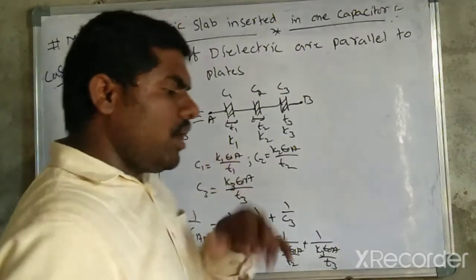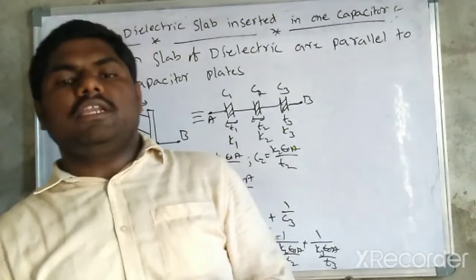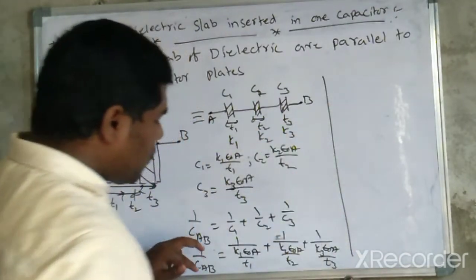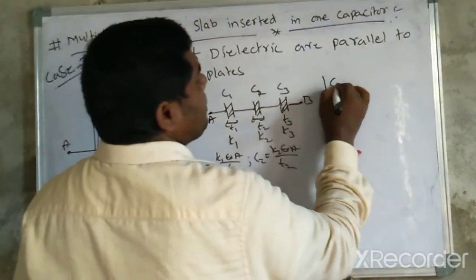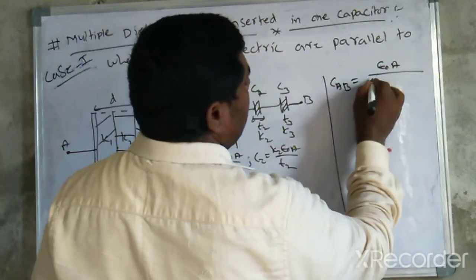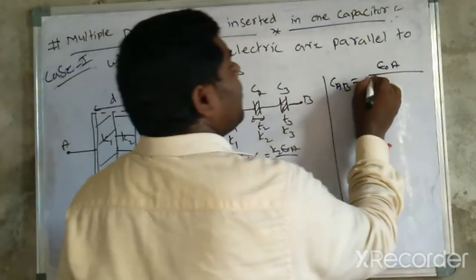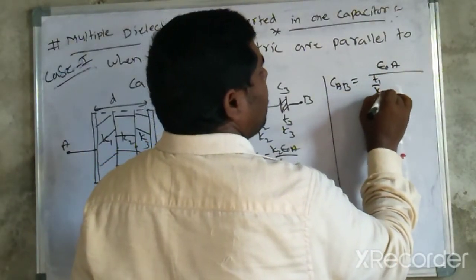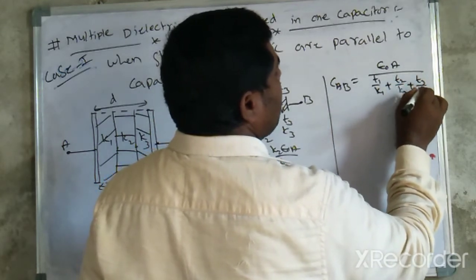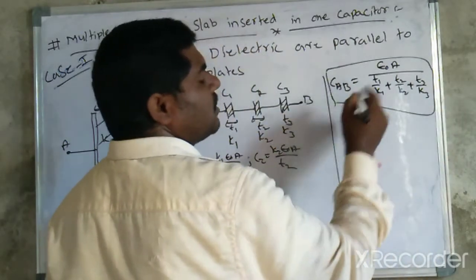We want the CAB value, the equivalent capacitor. Taking the reciprocal of this value, CAB is equal to epsilon naught A divided by T1 by K1 plus T2 by K2 plus T3 by K3. This is for only three slabs.